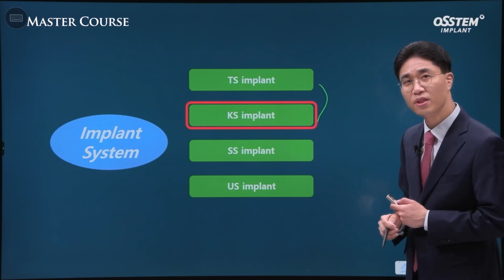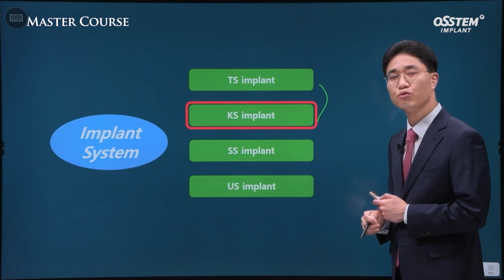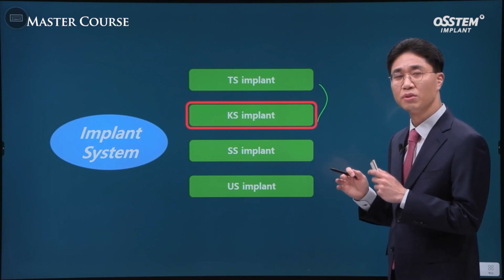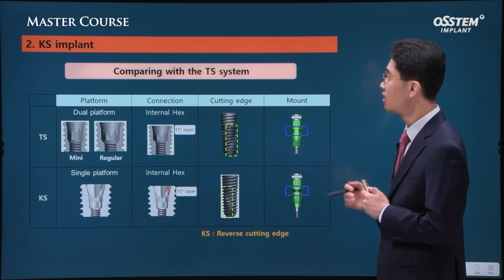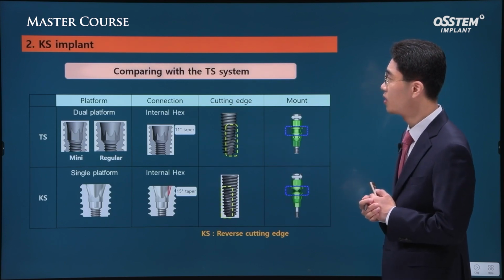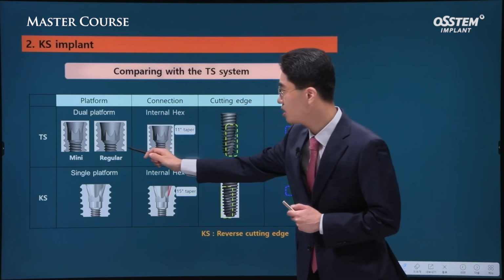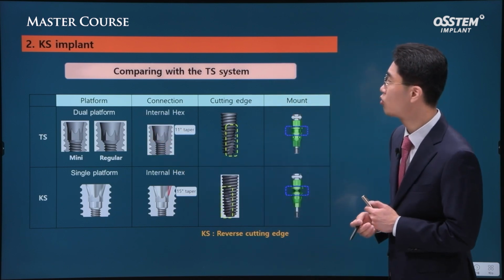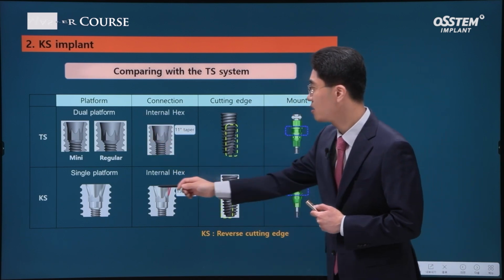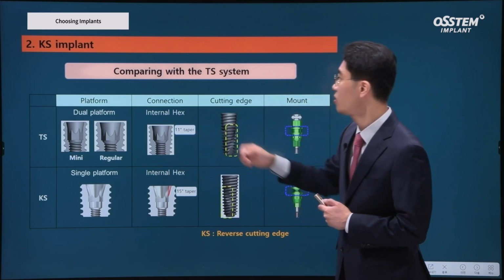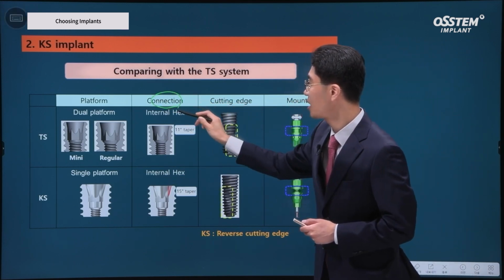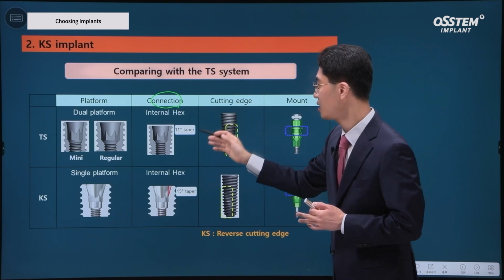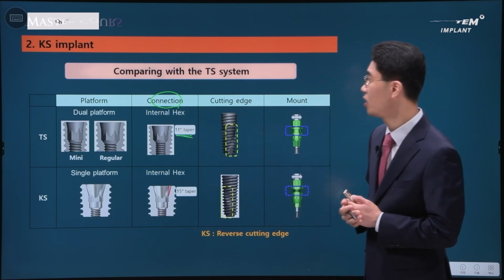TS and KS implant systems are bone level implants with similar design. There is a slight design difference. In the case of TS implant, the platform is dual platform and KS is single platform. The tapered angle where the abutment is connected differs.